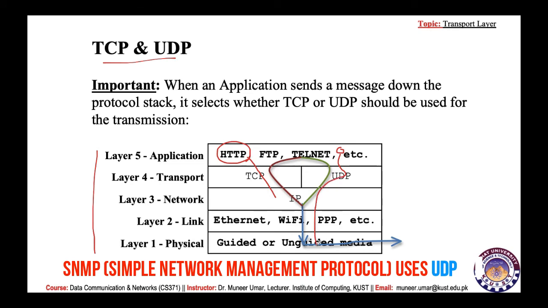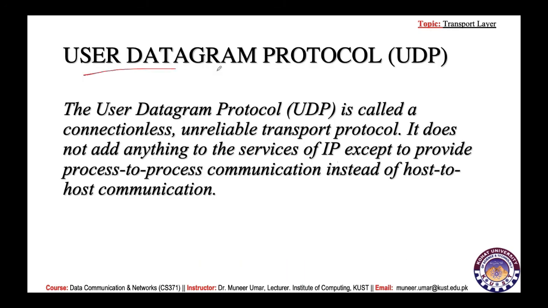User Datagram Protocol, UDP. UDP is a simple protocol and it takes the responsibility of process to process communication without taking any additional responsibility that may give some services of IP. So the User Datagram Protocol is called a connectionless, unreliable transport protocol.